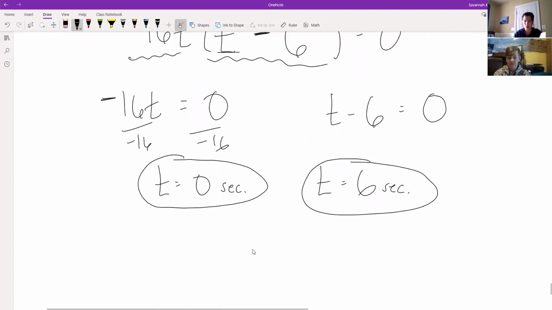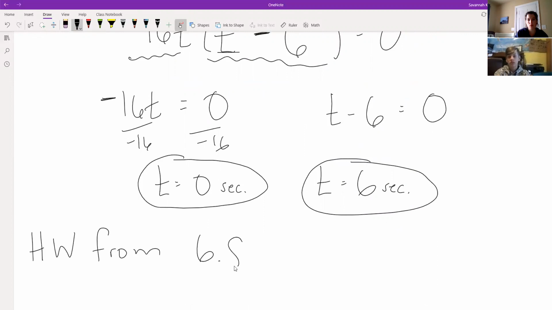Let me write the homework down real quick, because this will be our last homework for the entire chapter. And a lot of it, I just kind of kept to the basics here. There's those that are the regular factoring problems.